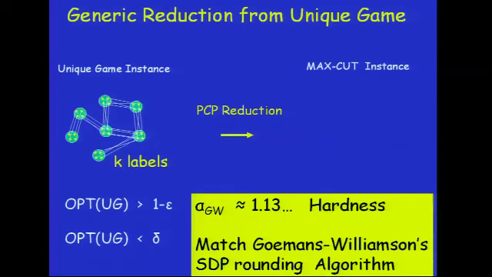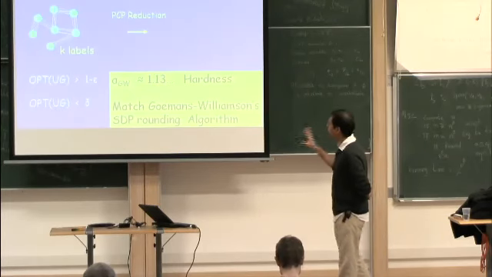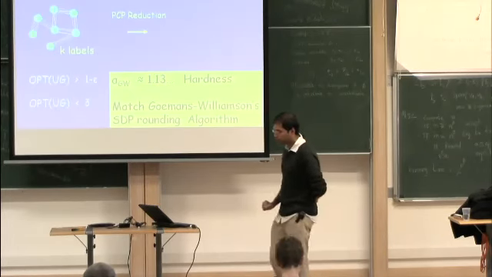So call this constant alpha sub GW. GW stands for Goemans-Williamson, who actually gave an algorithm whose approximation guarantee exactly matches this approximation factor. It's an algorithm based on something known as semidefinite programming relaxation, followed by a rounding algorithm. So we might get to it later.